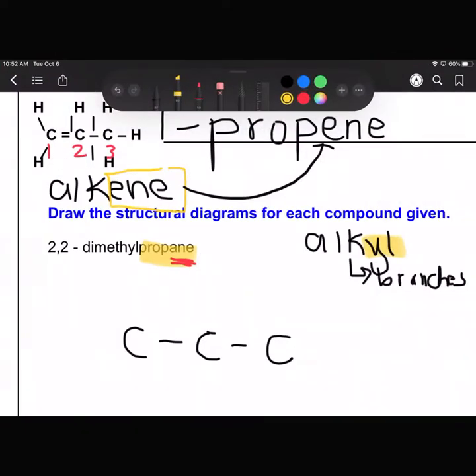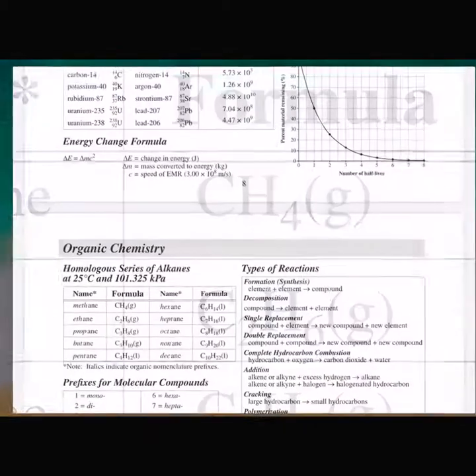This is a more difficult one because we've got that di in the front. Do you remember what di means? Back to your other chemistry knowledge: mono, di, tri, tetra. If you forget that, it's also in your data booklet.